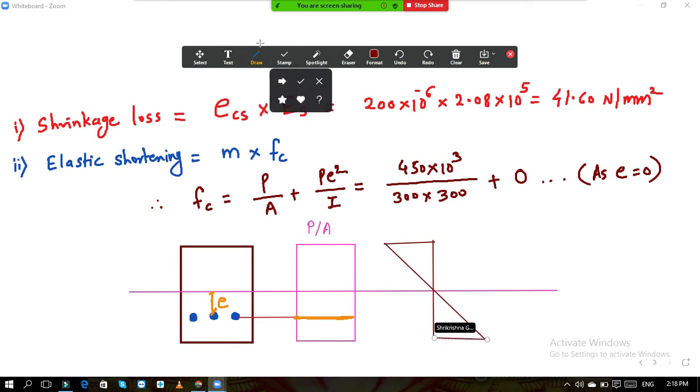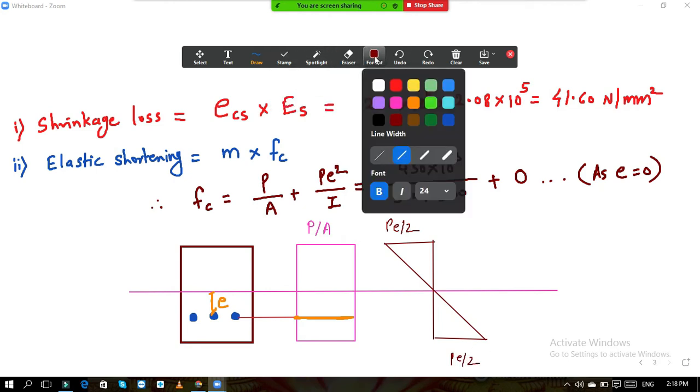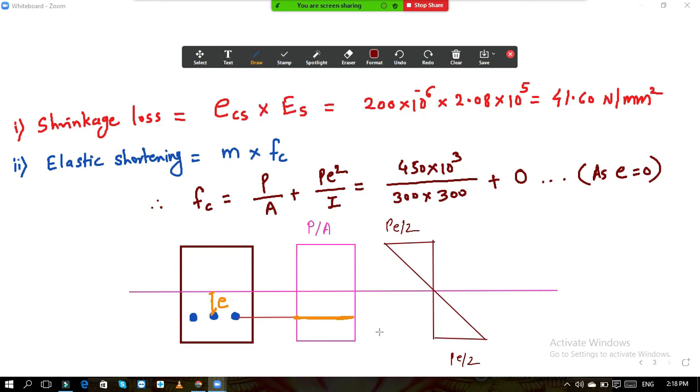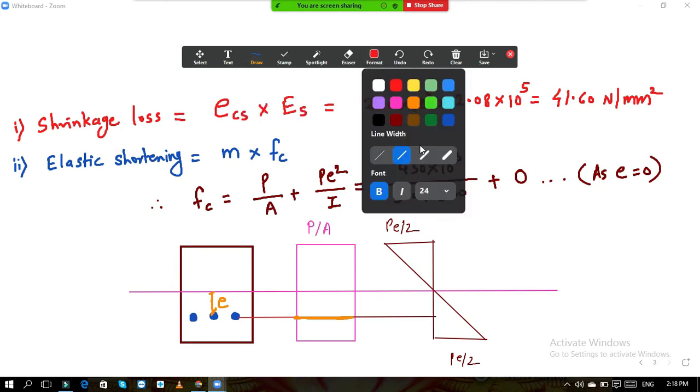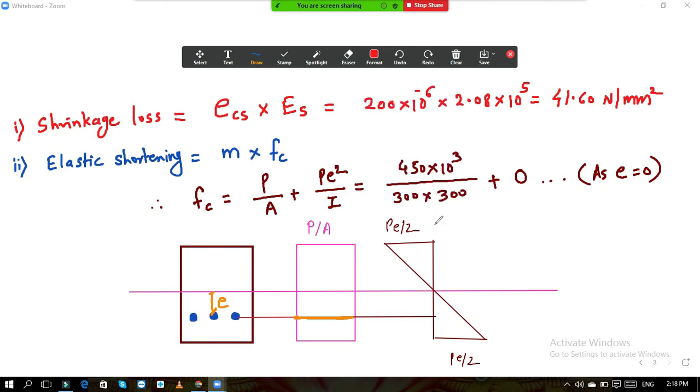This is your Pe by Z, stress due to eccentricity, Pe by Z. And you need to add this value also. So at this level now, what is the stress? At this level we want to calculate that stress. So these are the two levels.